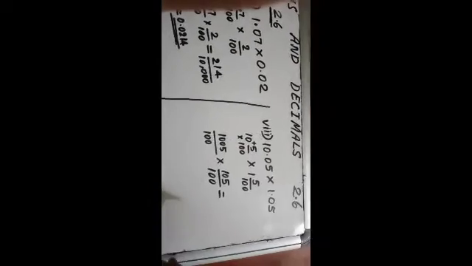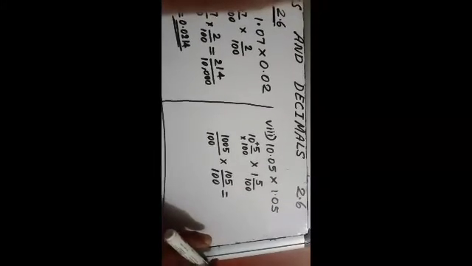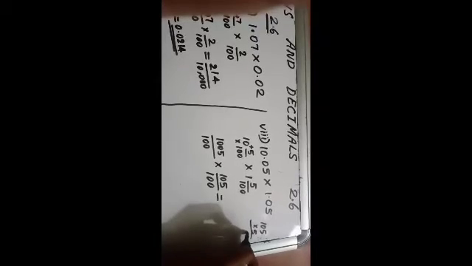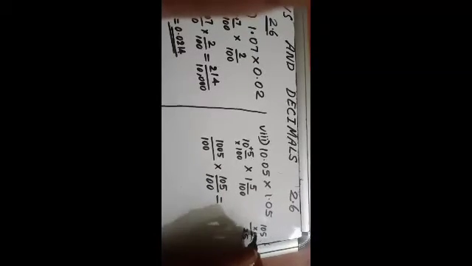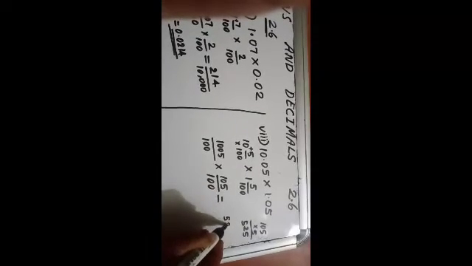Now you have to multiply 1005 into 105. You can write 105 fives. If you don't know, you can find out by the side multiplication. 5 fives are 25. Here 0 is there. 5 ones are 5. 525. If we write 525, here double 0 is there.